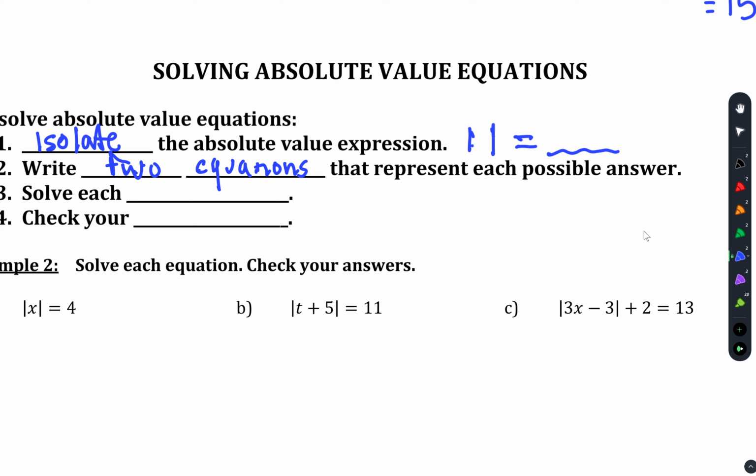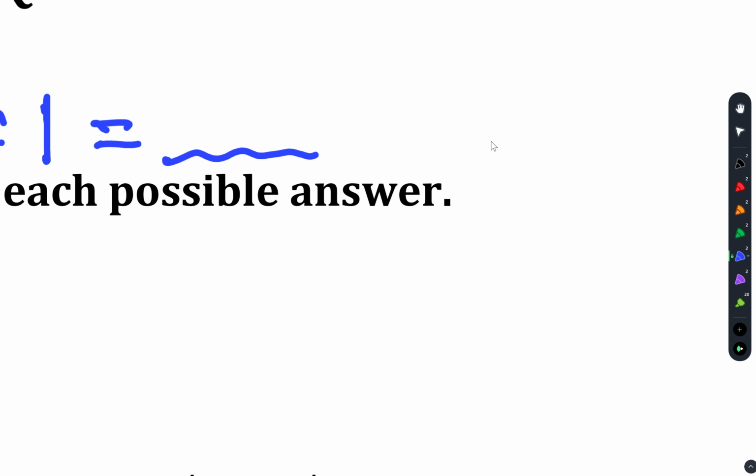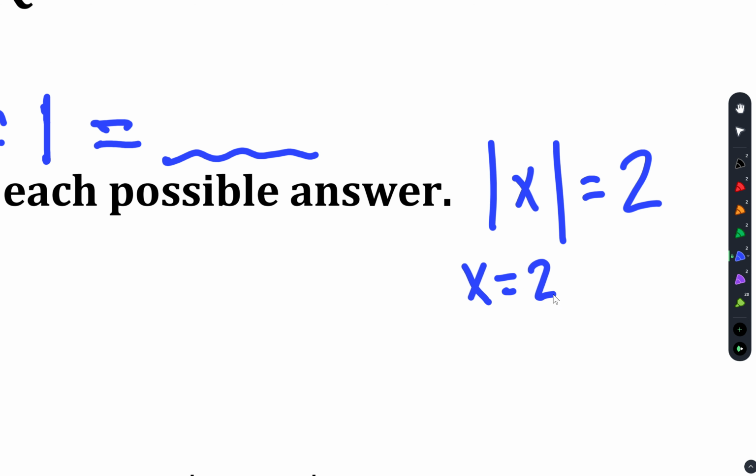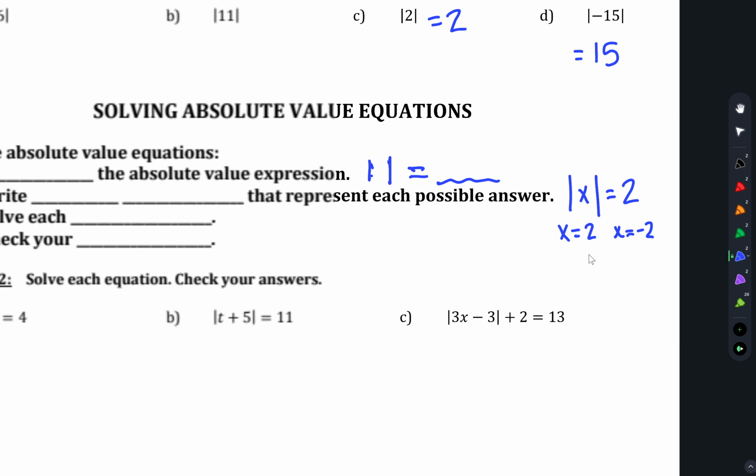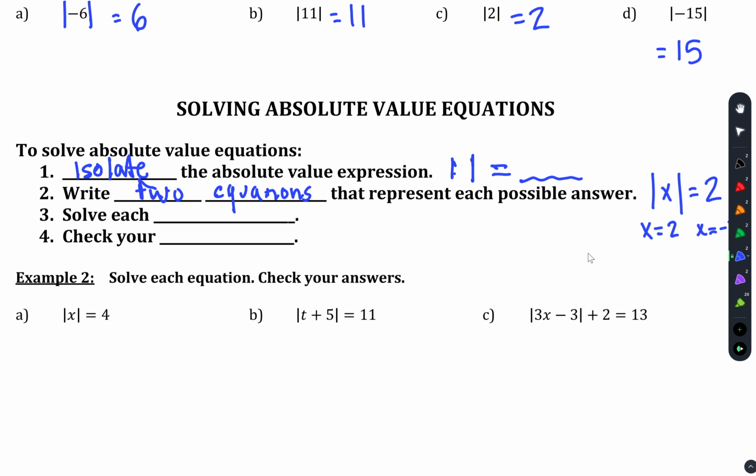So if I say that the absolute value of x equals 2, I have 2 possible solutions. What are they? James? X could be +2 or x could be -2. So that's what I'm saying when we have 2 possible solutions. One is going to be positive, one is going to be negative. Does that make sense? Okay.